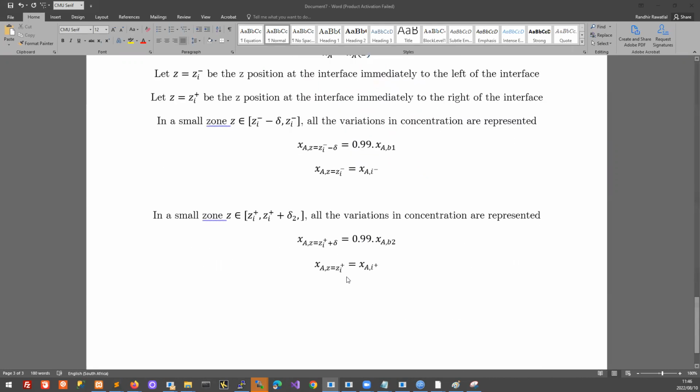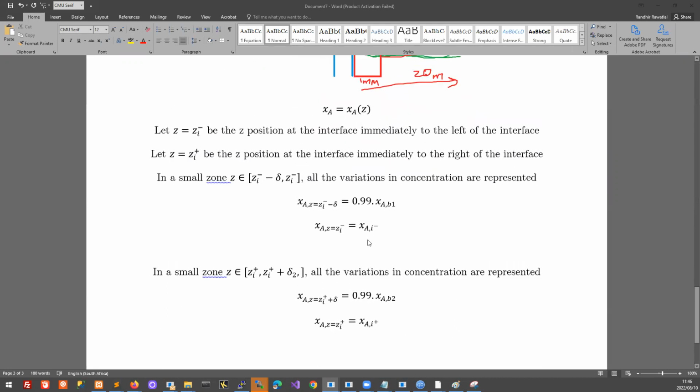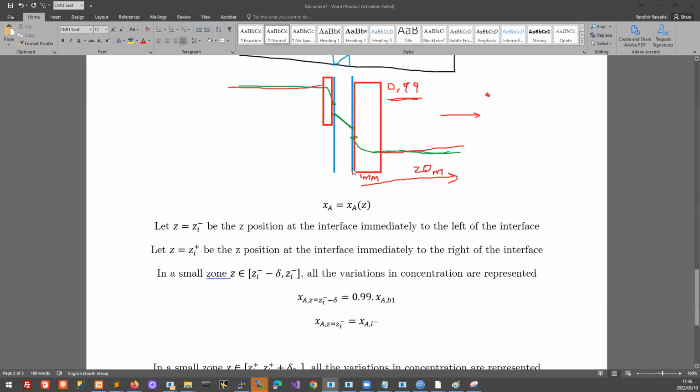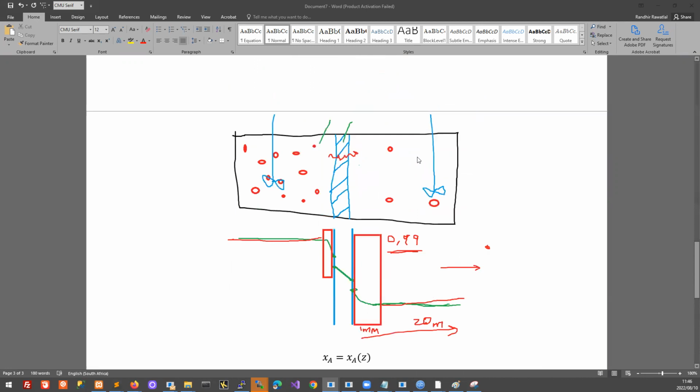There's no number that we can point to and say the delta is always 1 millimeter. The thickness of this film depends on other factors, like how fast we are stirring the cell. The faster you stir the cell, the more homogenized it is, and so the smaller will be the zone. As you increase the speed here, this thickness will get thinner and thinner.